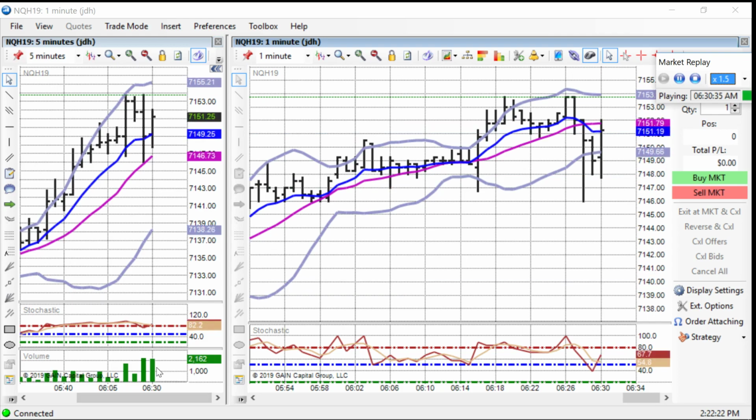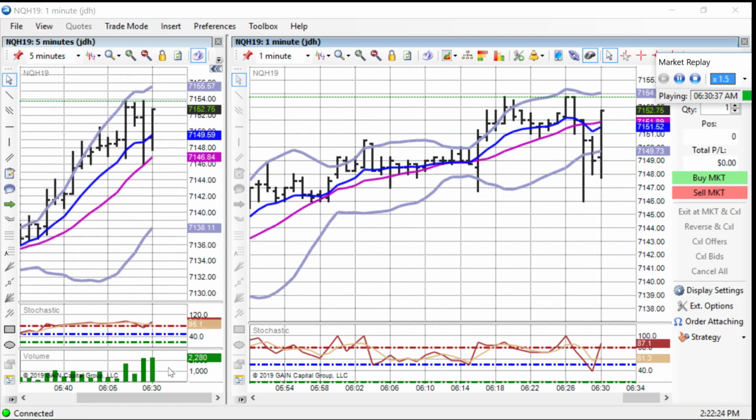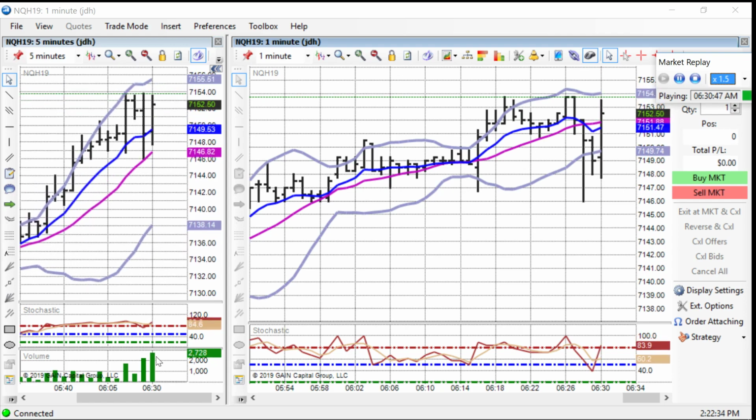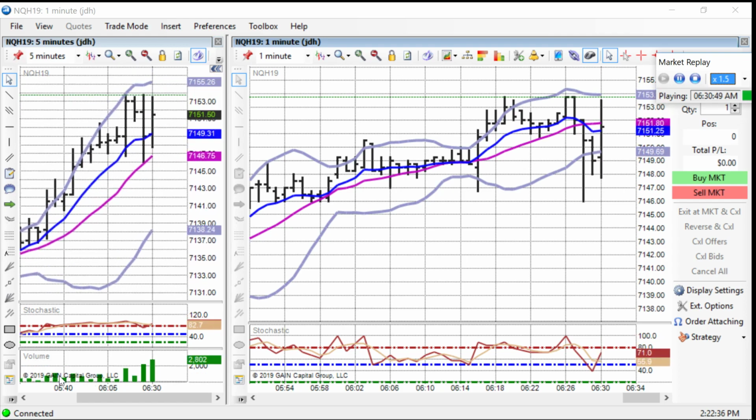As you can see, the volume, this isn't really a spectacular opening. Sometimes you'll get the volume jumping to over 20,000. But you can see it really increasing compared to what it was in the overnight markets as the U.S. market opens here.